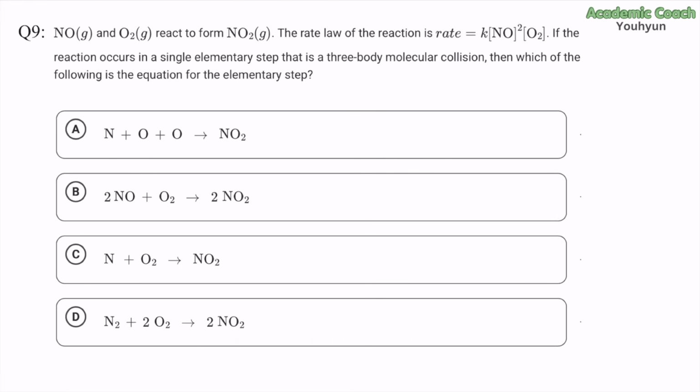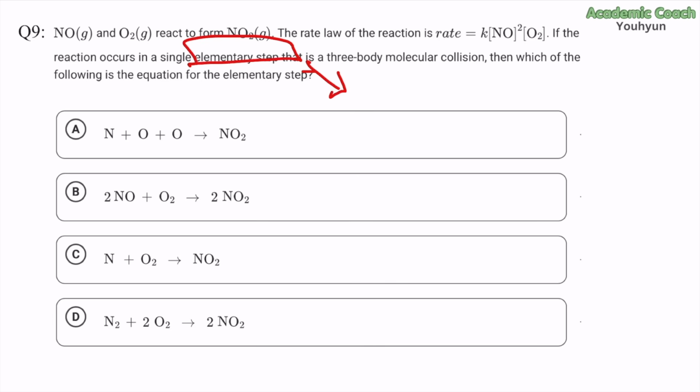Question number 9. Nitrogen monoxide and oxygen react to form nitrogen dioxide. The rate law of the reaction is rate equals k times NO squared times O2. If the reaction occurs in a single elementary step, that is a 3-body molecular collision, then which of the following is the equation for the elementary step? So here, it already proposed that there is only one elementary step.